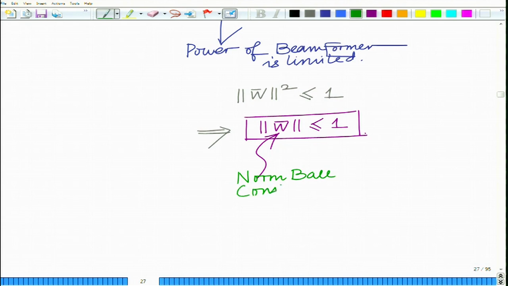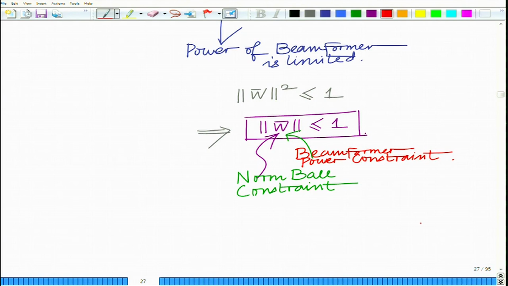So, this is the beamformer power constraint, which is basically nothing but a norm ball or a Euclidean ball constraint.